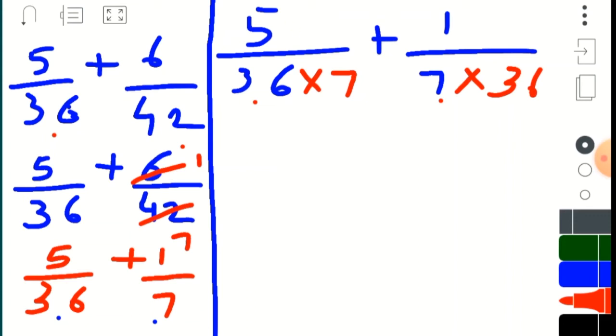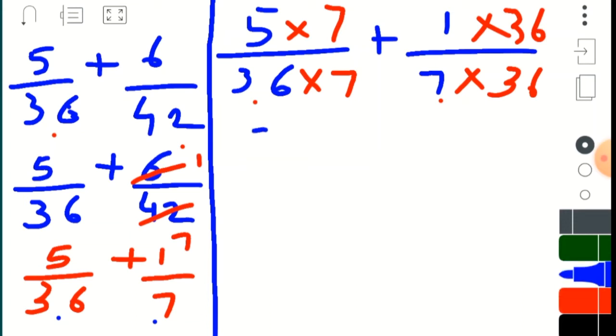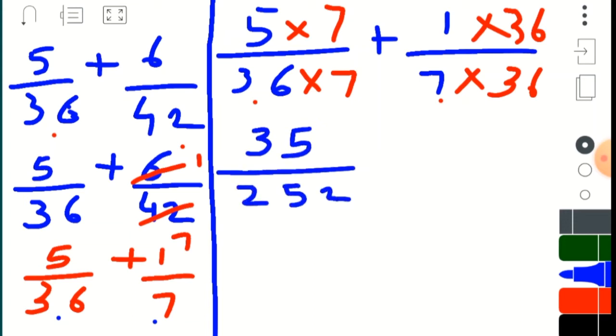So now we have multiplied with 7 here in the denominator, so with 7 in the numerator, and with 36 here in the numerator. Understanding? Now what is the answer you are getting? 5 sevens are 35 and 36 sevens are 252. Same way for this side, 36 ones are 36 and 7 36s are 252.